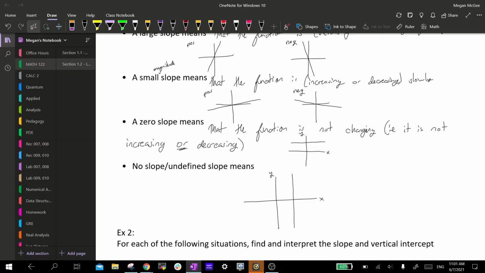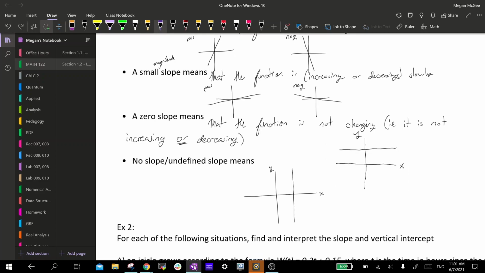Okay, and if you need help remembering a zero slope versus an undefined slope, so a zero slope, if you think about skiing, I'll make this a little bit bigger over here. This is our zero slope, alright, and if you are skiing, alright, so here's a person on some skis with some ski poles, alright, beautiful drawing.